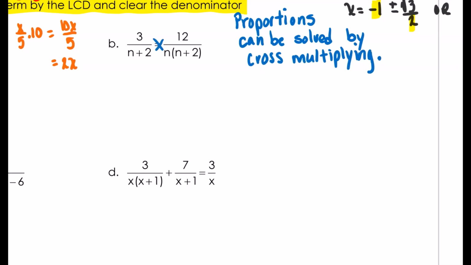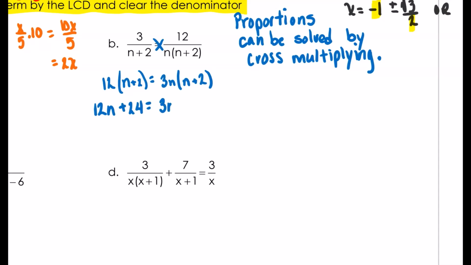Right, so here I would get 12 times quantity n plus 2, and then is equal to 3n times n plus 2. Well, now what? Now I need to go ahead, distribute, collect like terms, and set the equation equal to 0. So left-hand side, notice I have 12n plus 24.